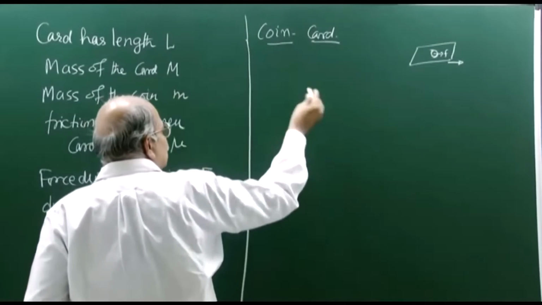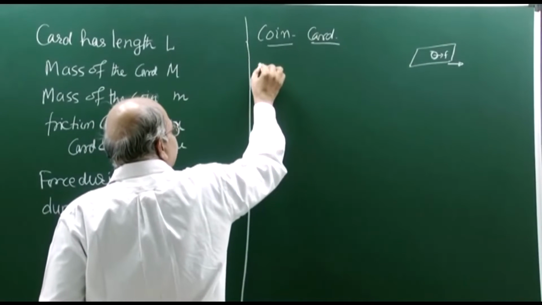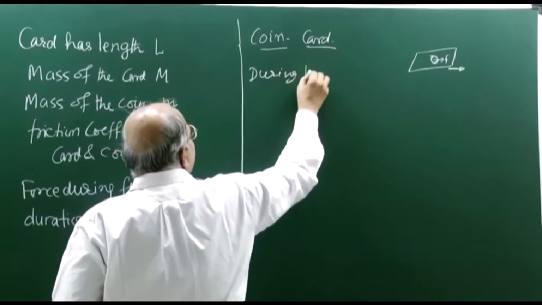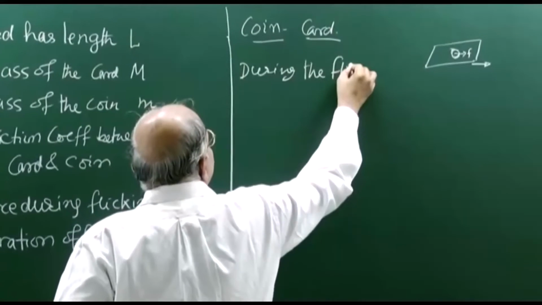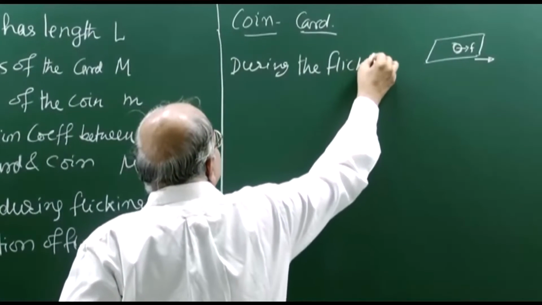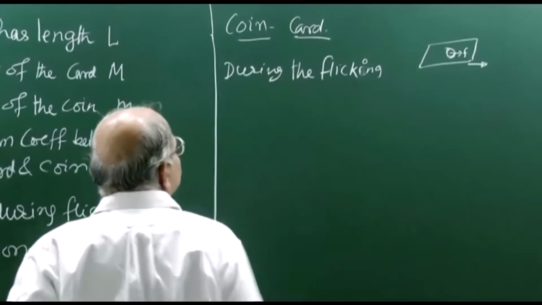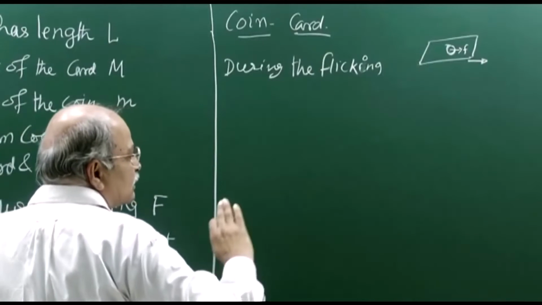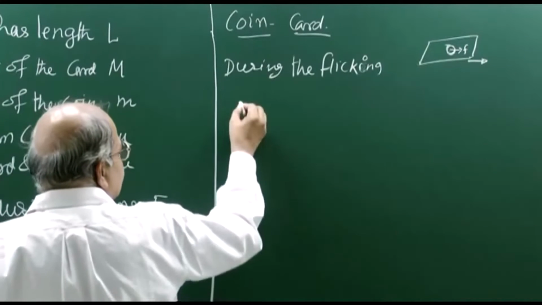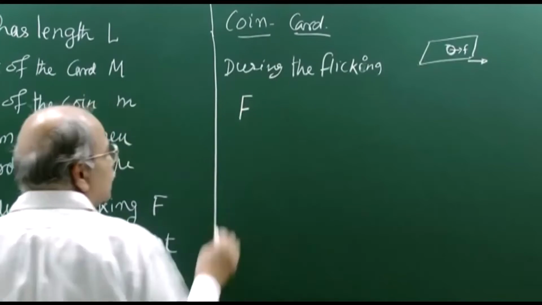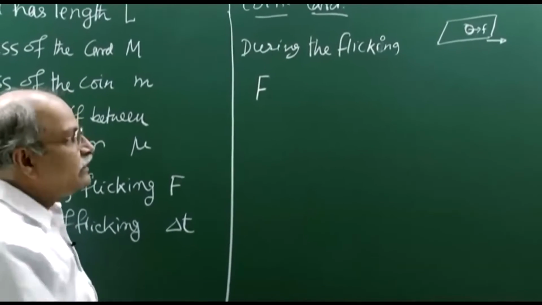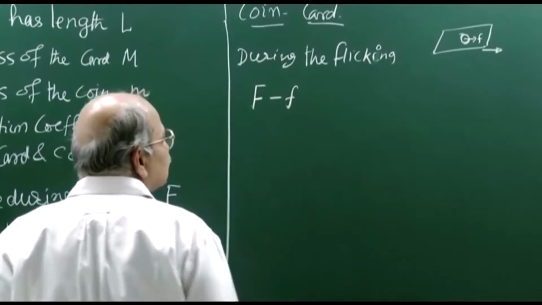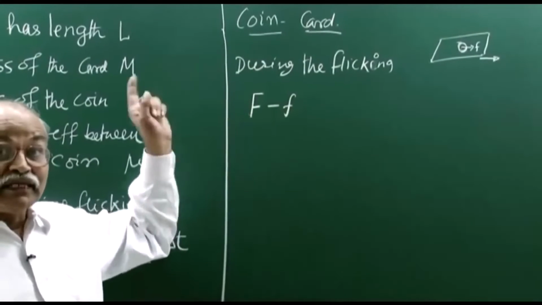For the card, during the flicking, the time interval is very small, remember. What are the forces on the card in the horizontal direction? First is this force F, in the forward direction, and then this frictional force f. This much force is applied on the card.